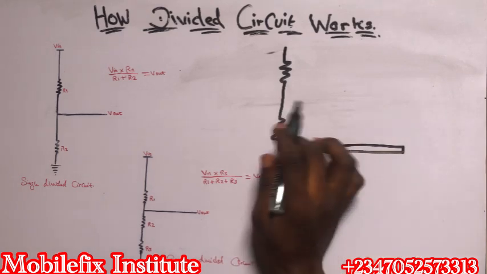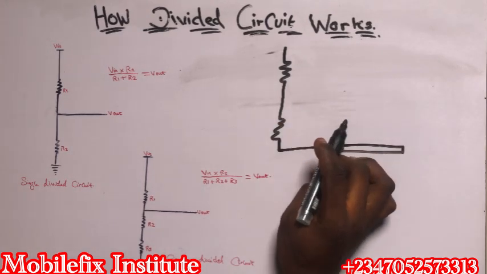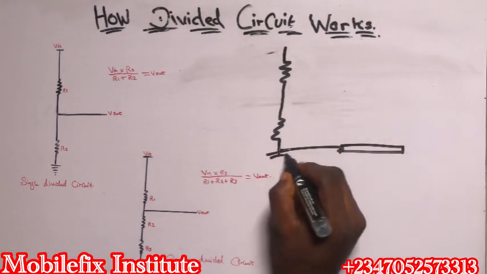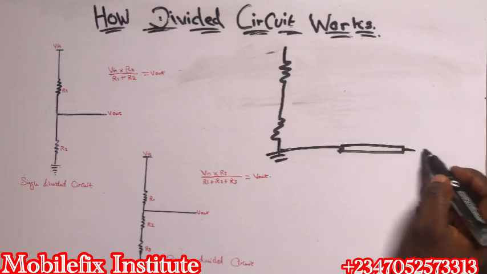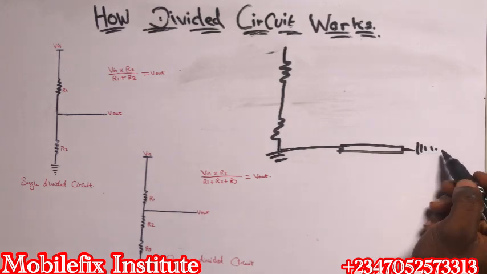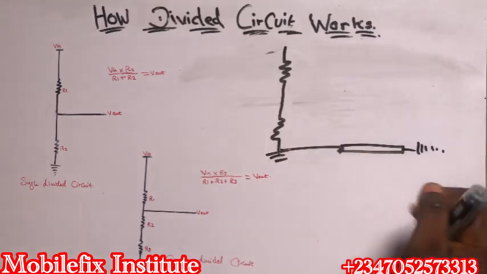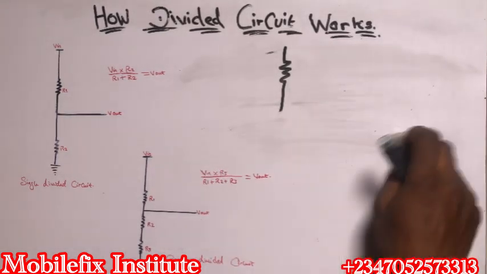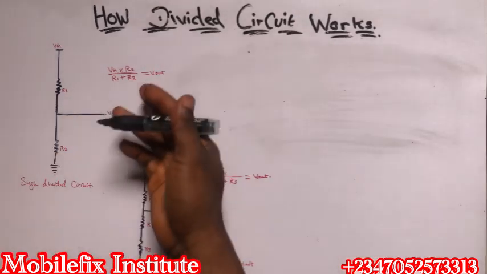This is not a divider circuit. But for a phone circuit to be a divider circuit, either this leg is connected to ground, or you trace this line and maybe this line is connected to ground. If this line is connected to ground, you know that this is a divider circuit. I hope you understand. If you don't understand, ask a question. I'm going to answer.